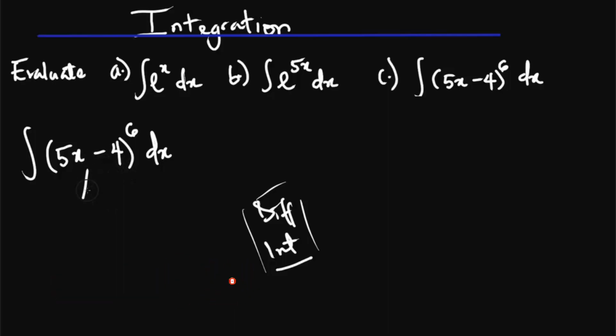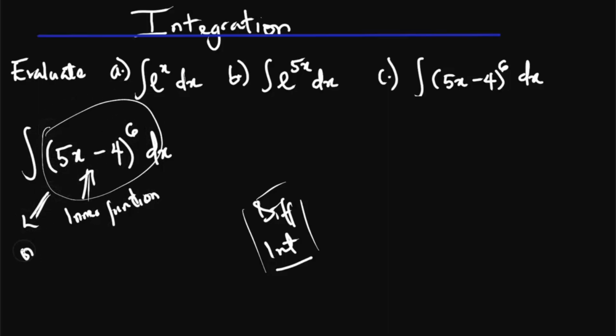We are calling 5x minus 4 our inner function, and the entire question our outer function.